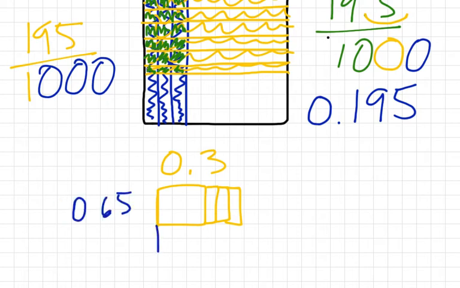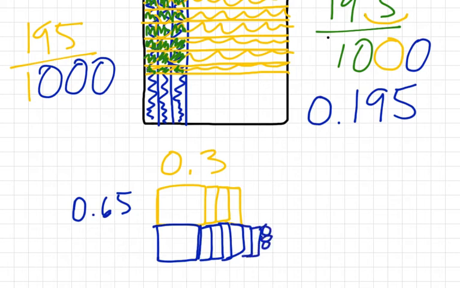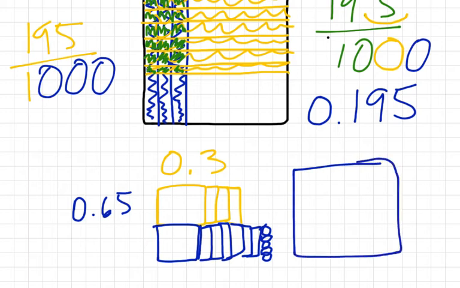Do that in another color, which would be 0 wholes and 65 hundredths, which we can then just put into a nice, neat, singular grid. So we have 0, 3/10, and 0 hundredths.